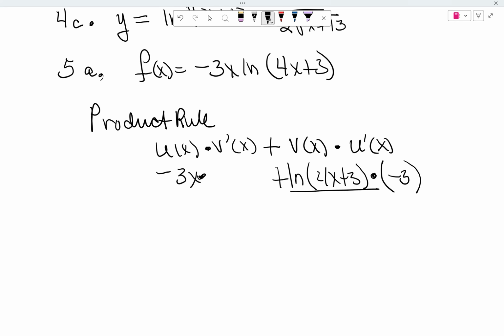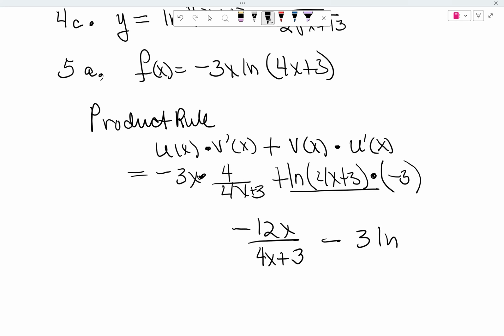The derivative of this is simply 4 over 4x plus 3. So I've done my due diligence, that is the product rule. My final answer in this case is going to be negative 12x over 4x plus 3 minus 3 natural log of 4x plus 3.